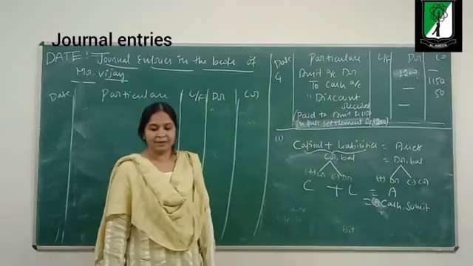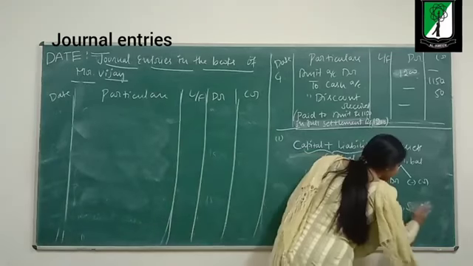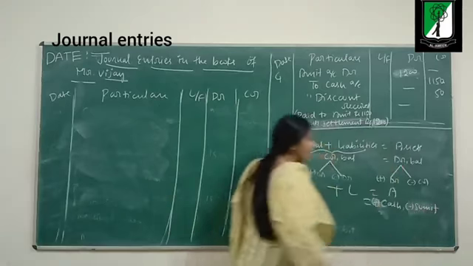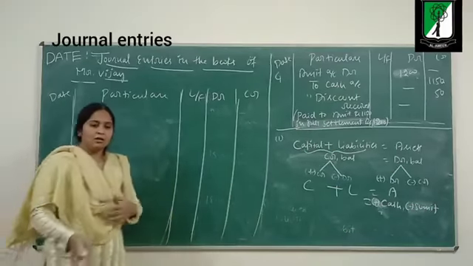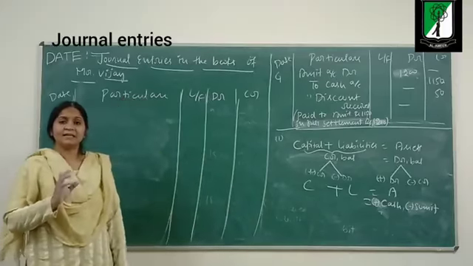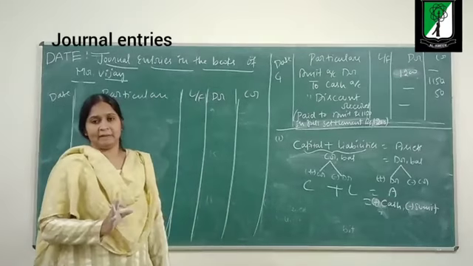So what is happening to my asset here? My asset, Sumit, is decreasing, because he has paid the money. The balance in Sumit's account is decreasing.